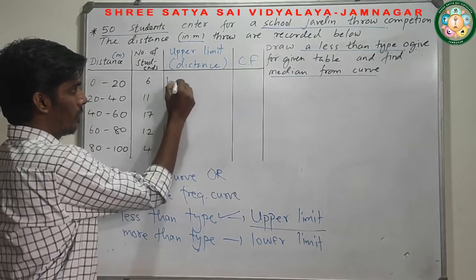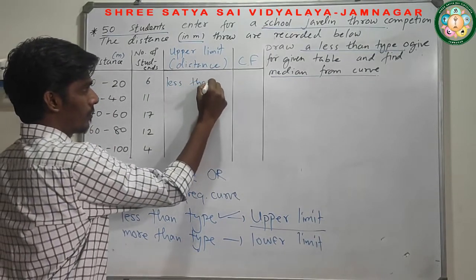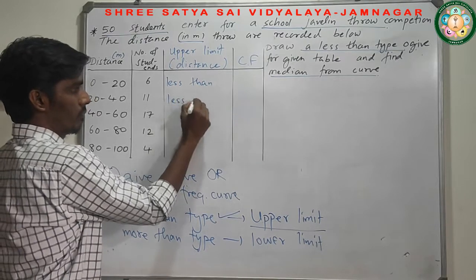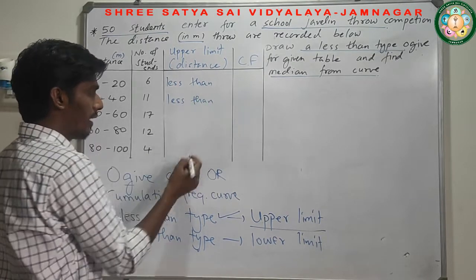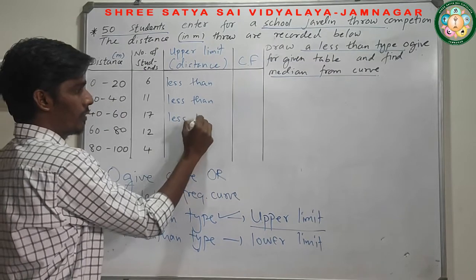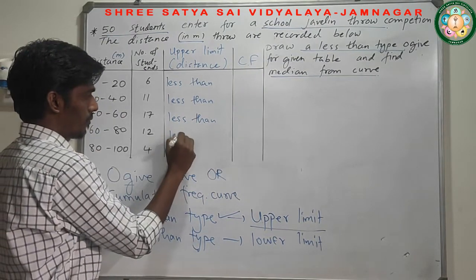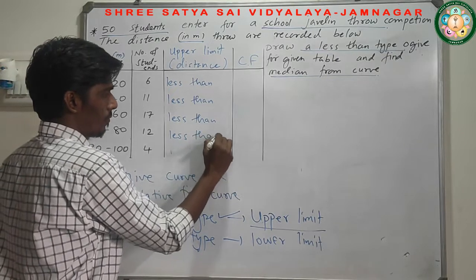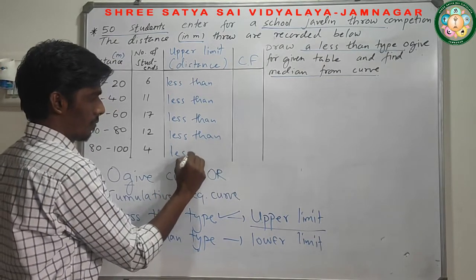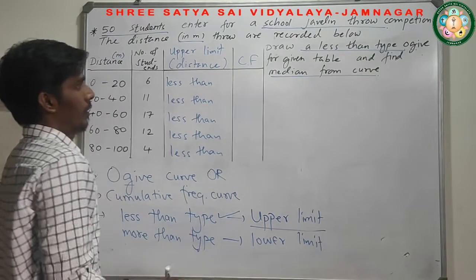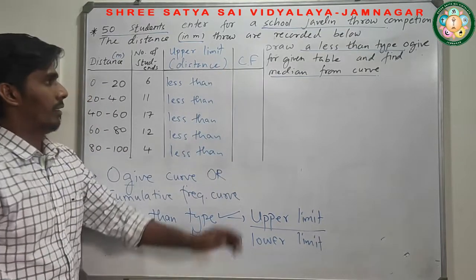First of all, write down here, as it's a less than type, always you're going to write here less than. Now here which number I have to write?